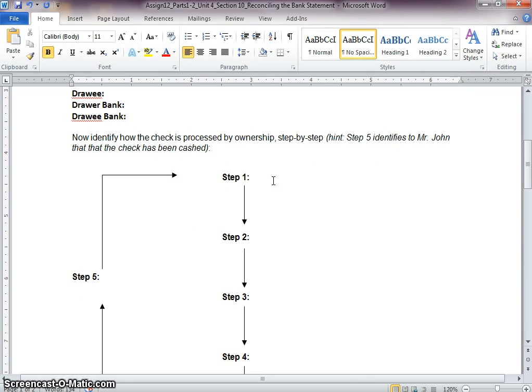This is the part where we're going step by step, basically who the check changes hands between. In step one, the very first person that has this check is Mr. John. Okay, so that's all you have to do. Step two is it changes hands. He writes the check to Mr. Rex.